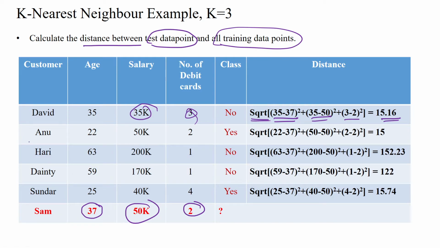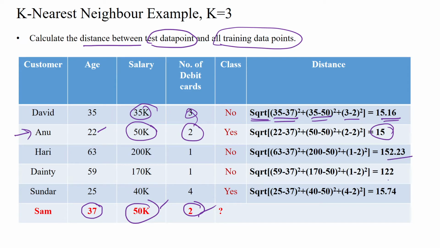Like that, for the second data point, 22 minus 37, then 50 minus 50, 2 minus 2, so you will get 15. Likewise you have to calculate for all 5 data samples.